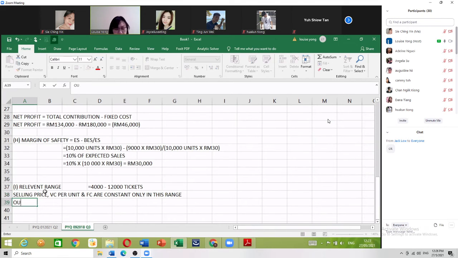Outside the range, all the prices here are not accurate.